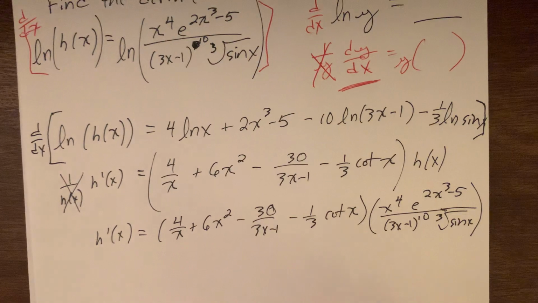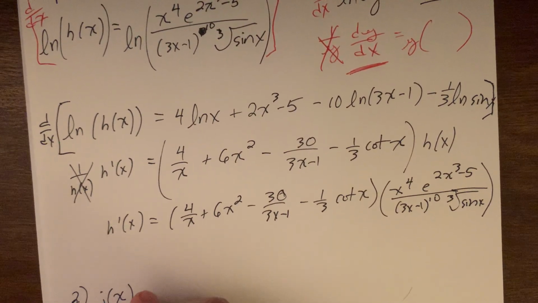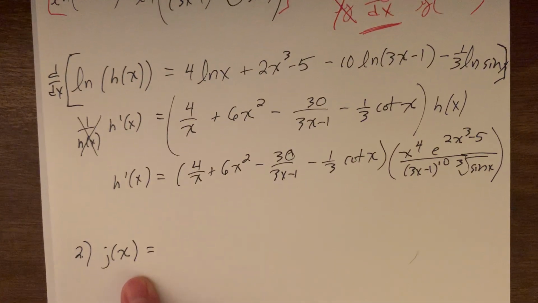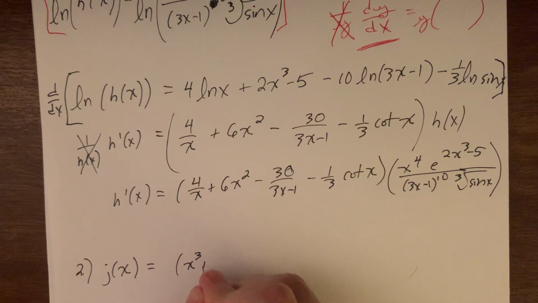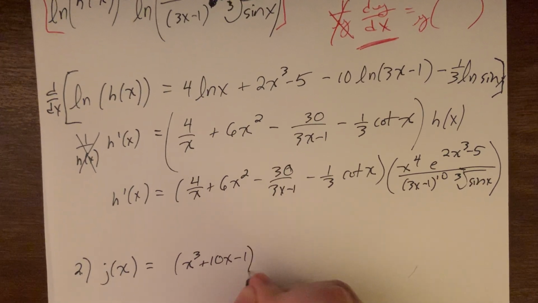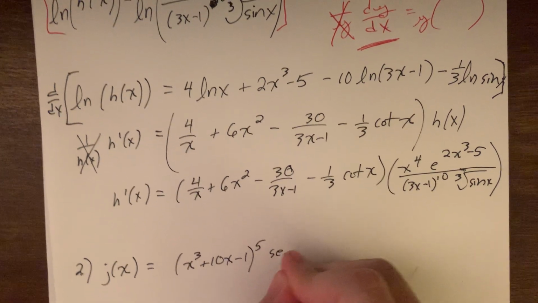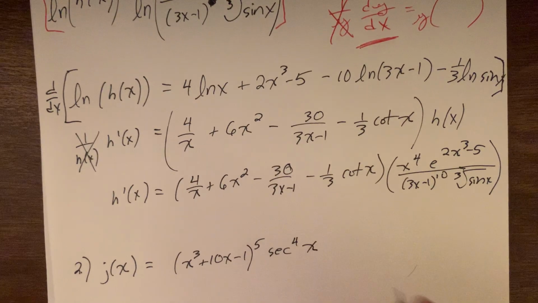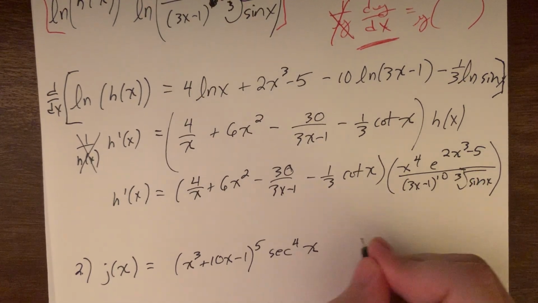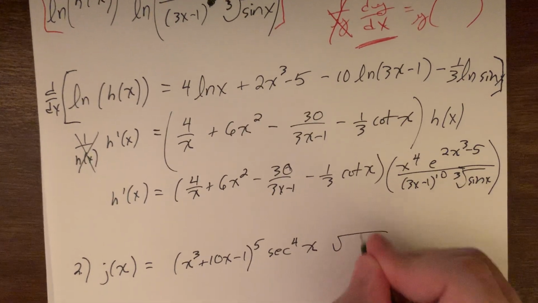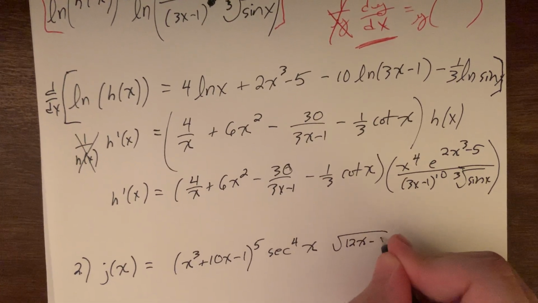Find the derivative, keeping those same directions, but now number 2, let's look at function j of x, and we'll let j of x be x cubed plus 10x minus 1 to the 5th power times secant to the 4th power times, let's do the square root of 12x minus 5.